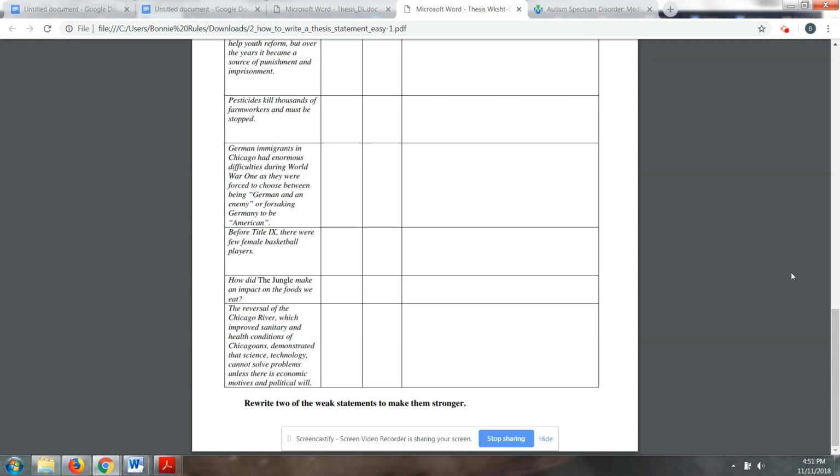But science and technology is just huge, and economic motives and political will, that's also huge. So for this case, I would really recommend narrowing it down. You might want to focus on one particular law. You may want to focus on one person who made this happen or a scientist who proposed something. But it just needs some more information here. So we're going to pause here, and then I will take you over to the next worksheet.